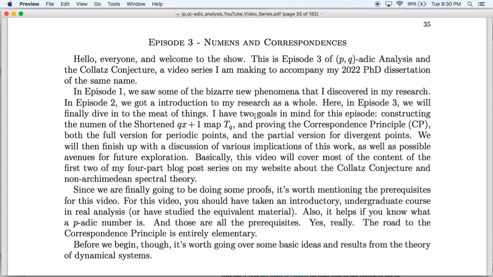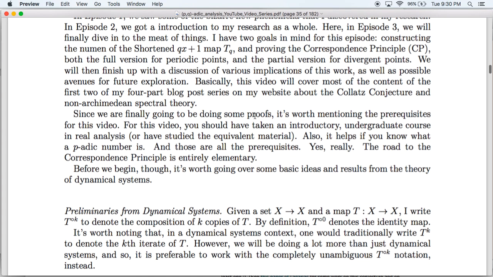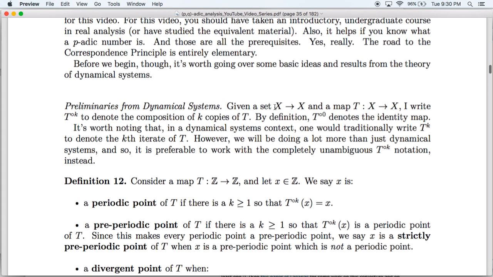Before we begin, though, it's worth going over some basic ideas from the theory of dynamical systems. So, given a set X, and a map T from X to X, I write T circle k to denote the composition of k copies of T with itself. By definition, T circle 0 denotes the identity map.